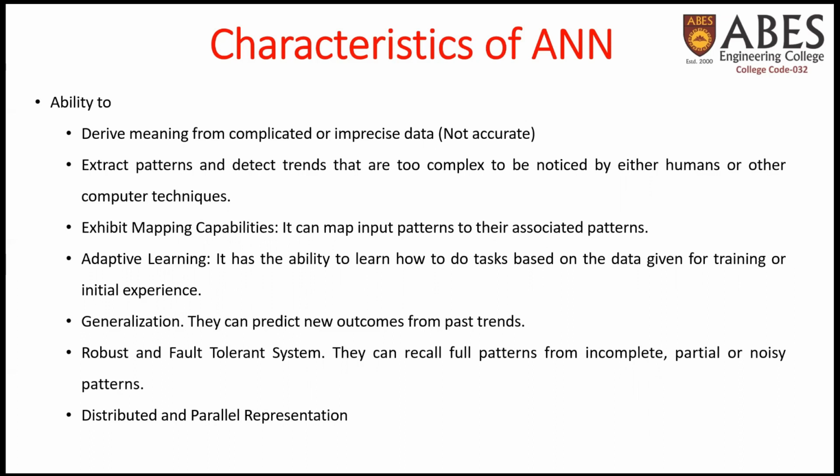These have adaptive learning ability. They can learn how to do tasks based on the data given for training or initial experiences. They have the ability to generalize the model, so they can predict new outcomes from past experience. Artificial neural networks are robust and fault-tolerant, with distributed and parallel representation.